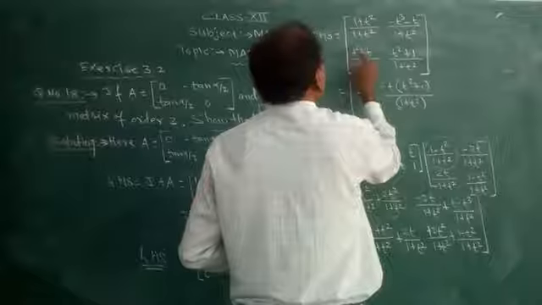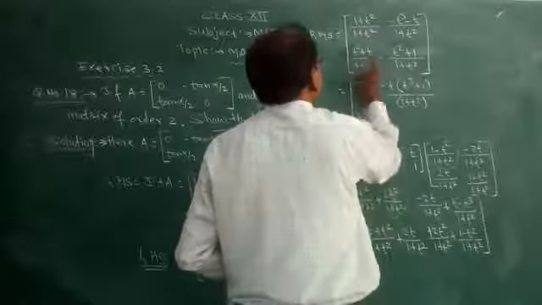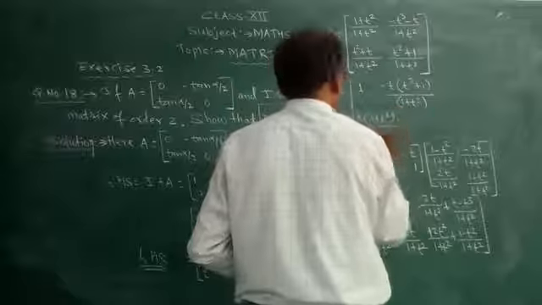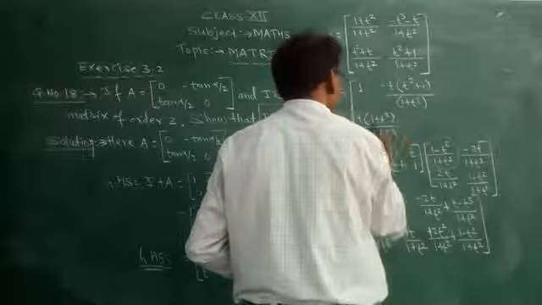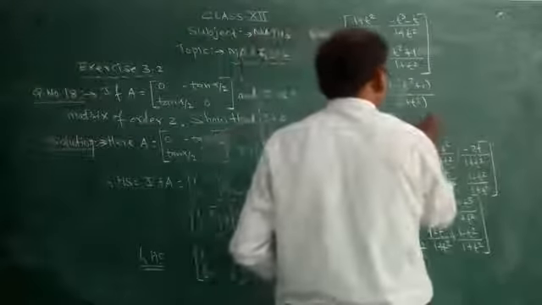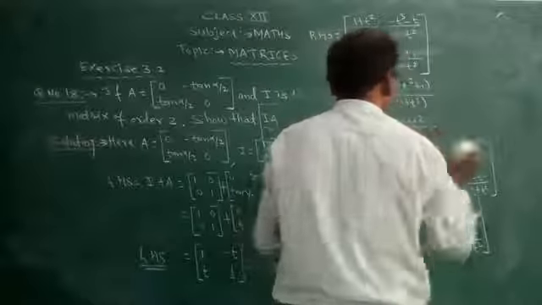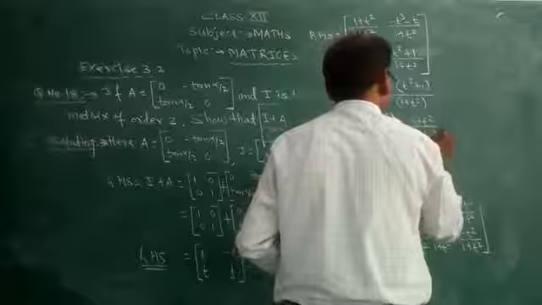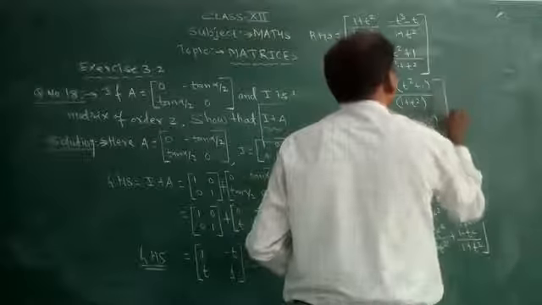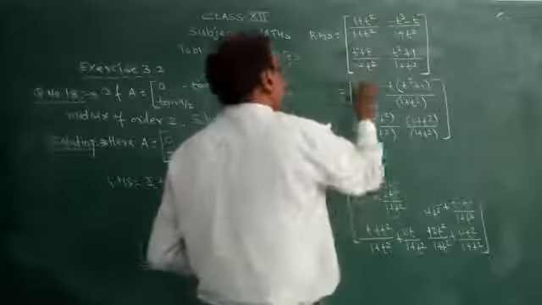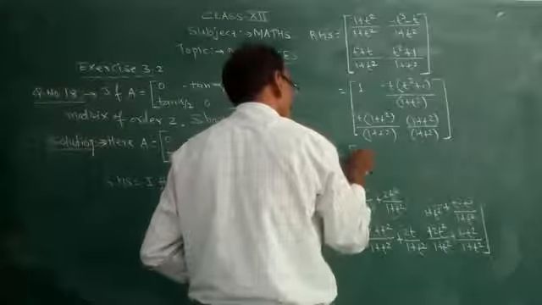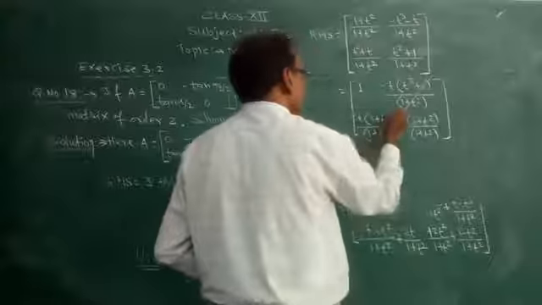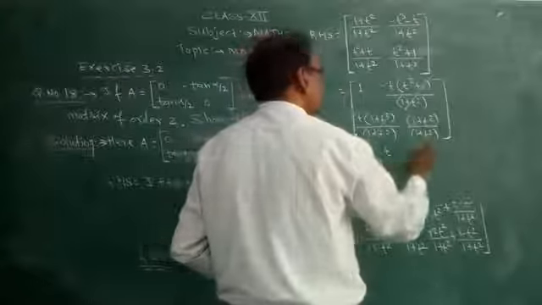Upon this you take t as common, so t square plus 1 upon 1 plus t square. Here 1 plus t square upon 1 plus t square equals to 1. This is 1, 1, then this will be cancelled, minus t, and this is t, and this is 1.